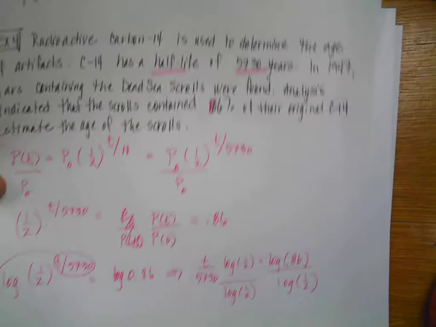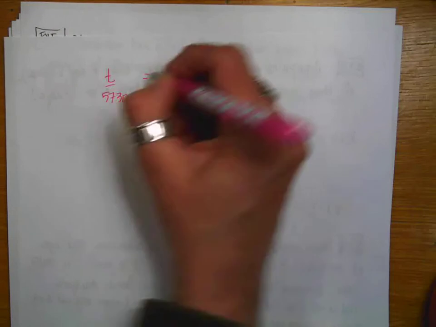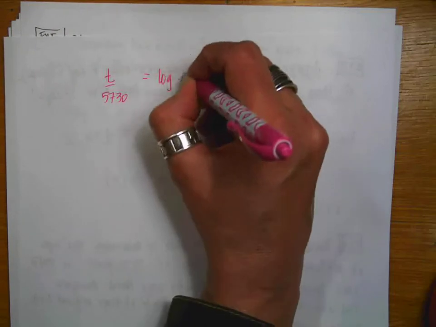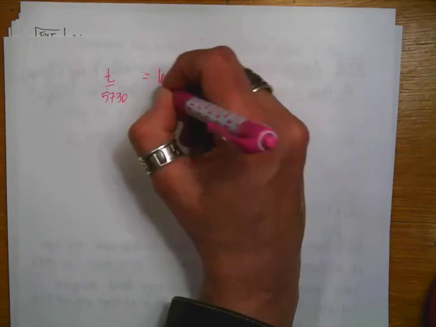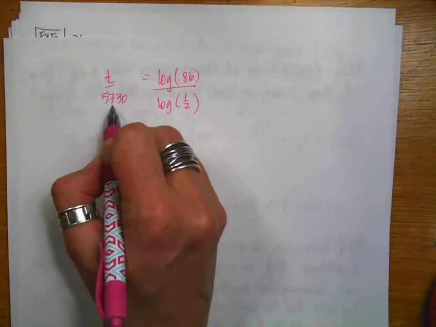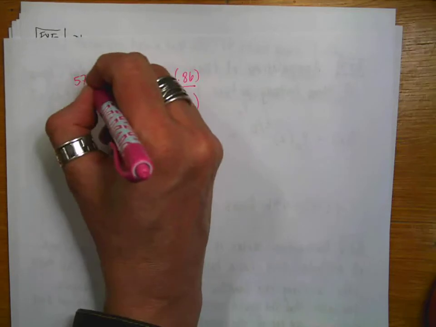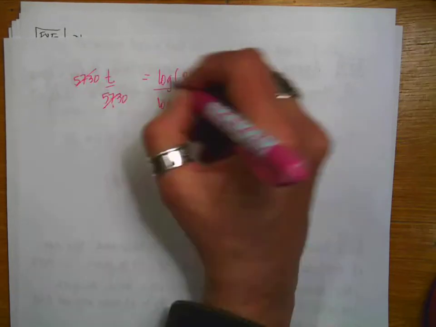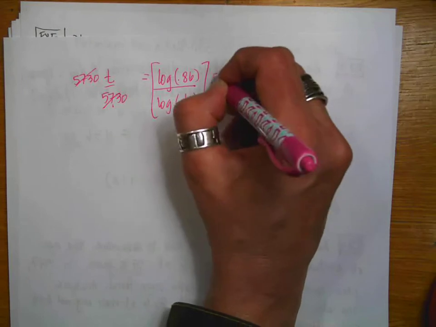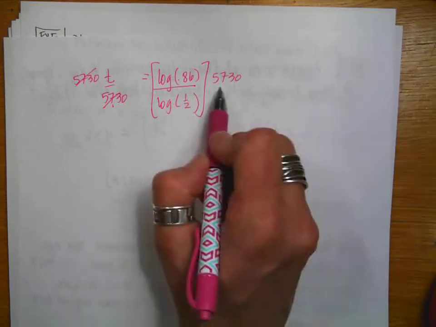Alrighty, and now I'm going to go to the back side of my paper because I kind of ran out of room. So I have t over 5730 is equal to the log of 0.86 divided by the log of a half. Now I need to manage the 5730, so I'm going to multiply both sides of the equation by 5730.